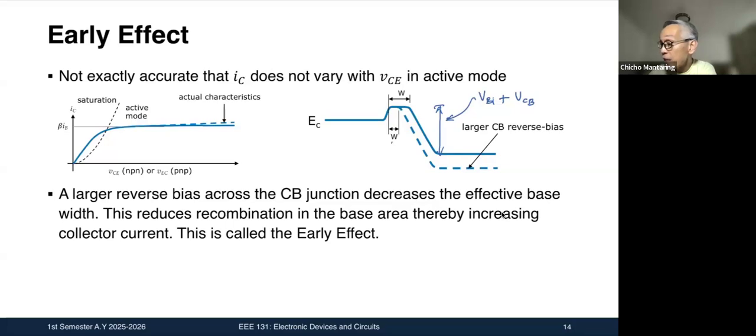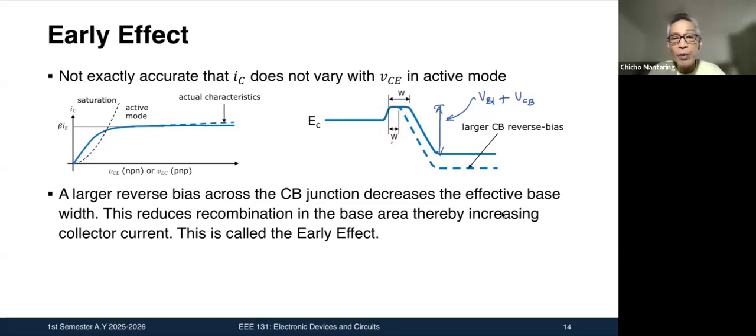What will happen if I increase VCB? This potential energy drop will become larger. This is the potential energy profile E of C for electrons. And as a consequence, your effective base width becomes smaller.